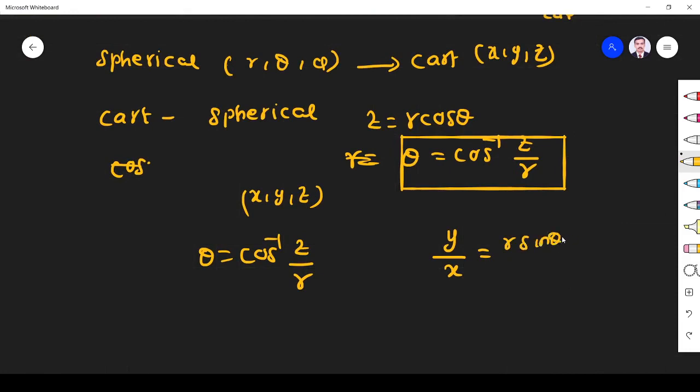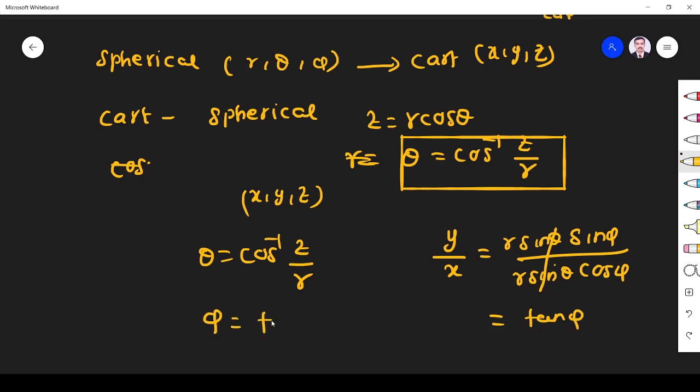Sine theta cancels, so what is that? Tan phi. So this implies phi is equal to tan inverse of y by x. This is purely Cartesian. I can get spherical.